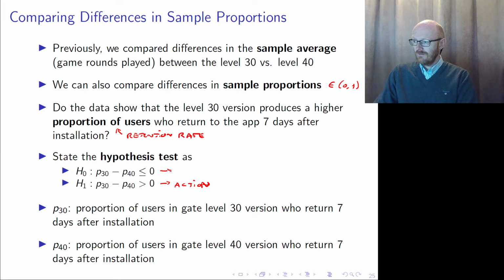And if this is not true, no action. So P30 is the proportion of users in gate level 30 who return 7 days after installation, and P40 is the proportion of users in the gate level 40 version who return 7 days after installation.